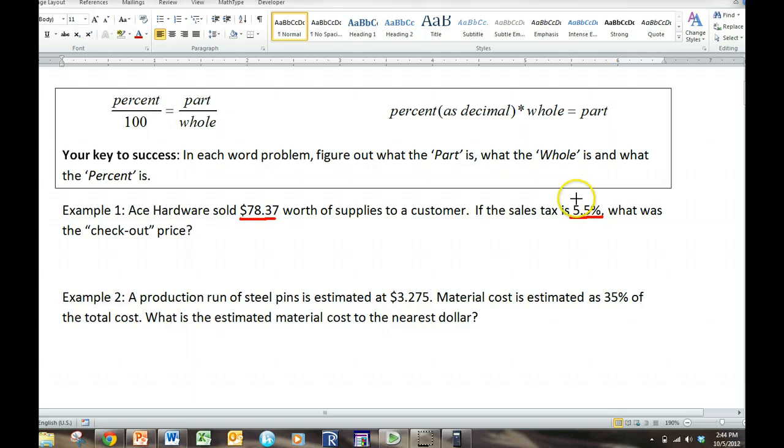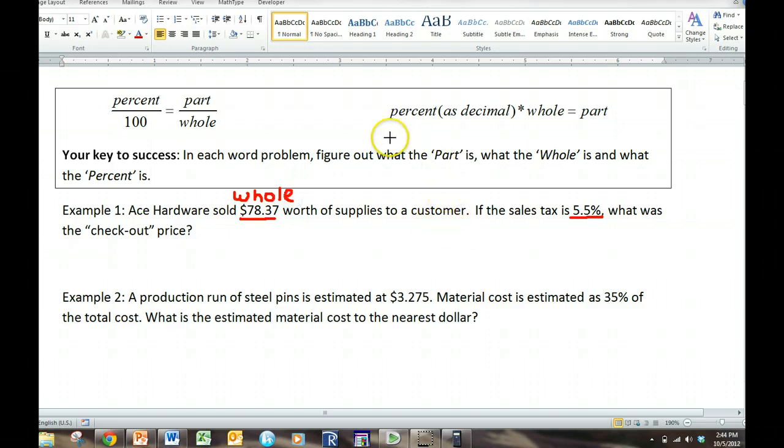Now the 5.5 is obviously my percent, and what I want to know is, is the 78.37 the part or the whole? It kind of depends on how you look at it, but for the way I'm going to do this example, this is the whole. So I want to know what the part is.